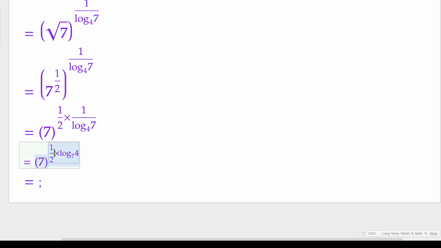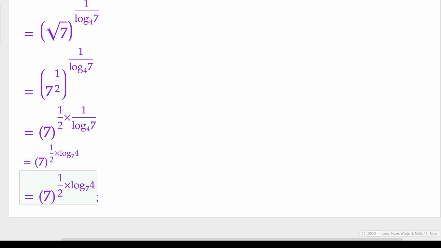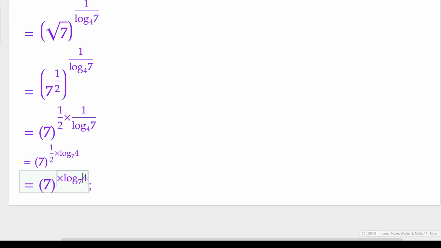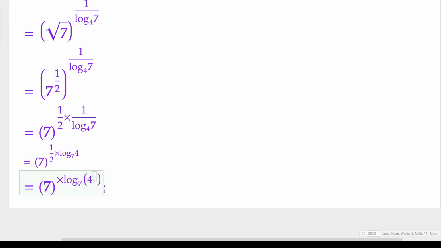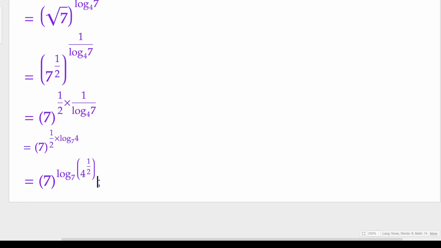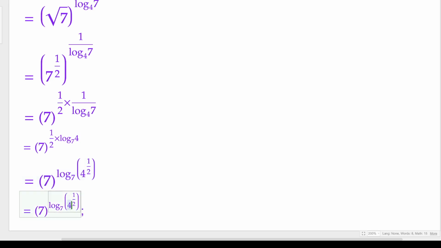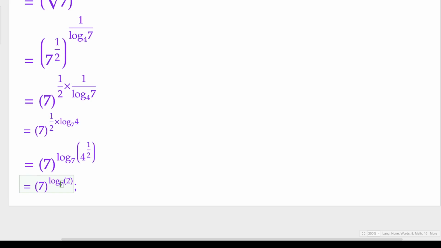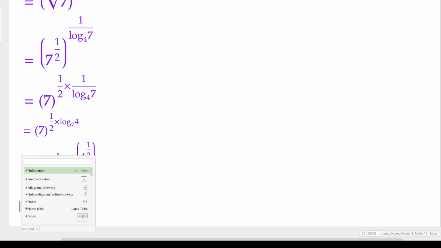Again applying the log property, this half is taken as the power of this argument. Now the square root of 4 we know is 2. Again, whenever the log base and argument are the same, this can be written simply as 2.